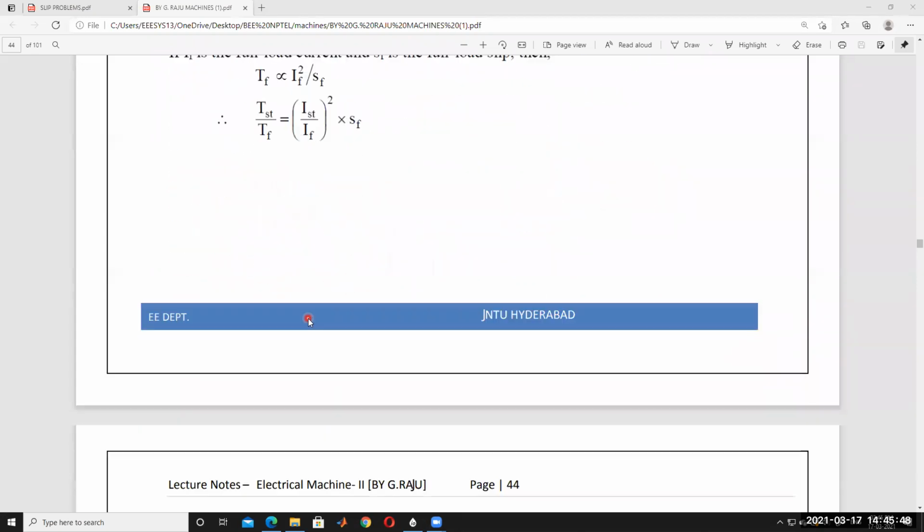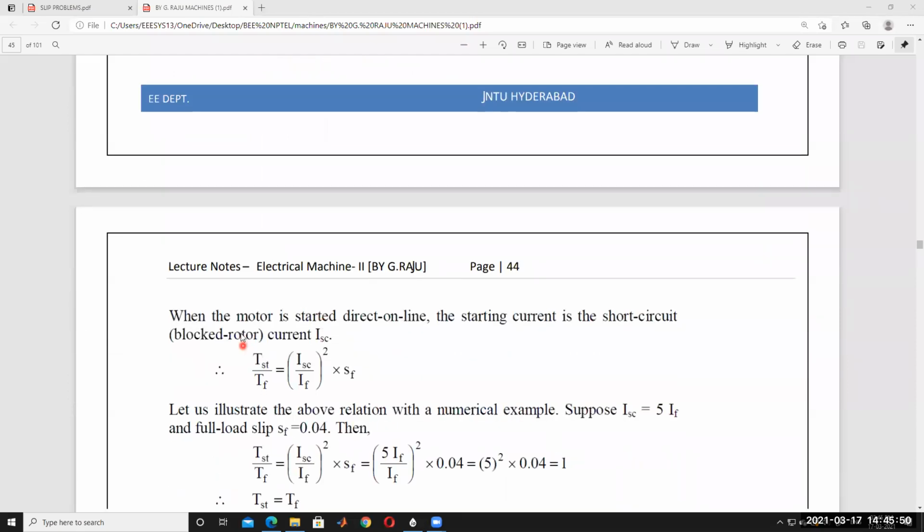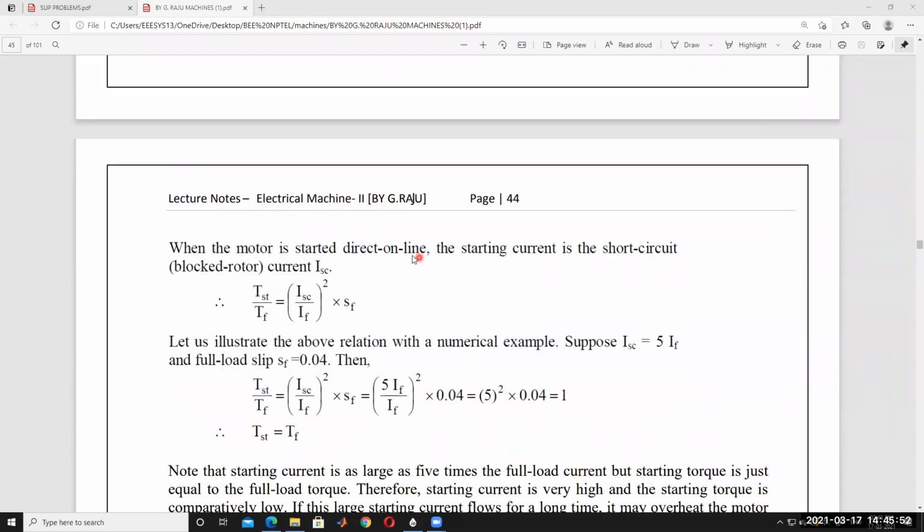And then direct online starting. When the motor is started direct online, the starting current is the short circuited blocked rotor current ISC. Am I right or not? Why short circuited current?